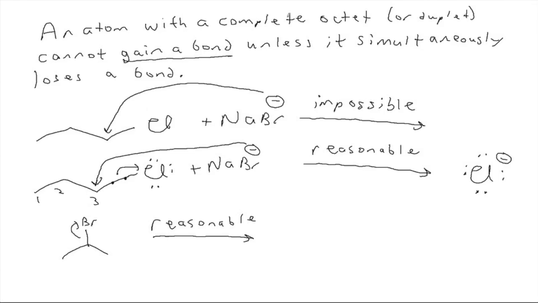The only time you can break the octet rule is when you're gaining electrons as a bond. I haven't completely explained why that is. To save time, we'll take that on trust a little bit and just memorize this. It's okay to gain electrons as a lone pair. That would never break the octet rule. The only time you could break the octet rule is when you're gaining electrons in a bond. Okay, good.